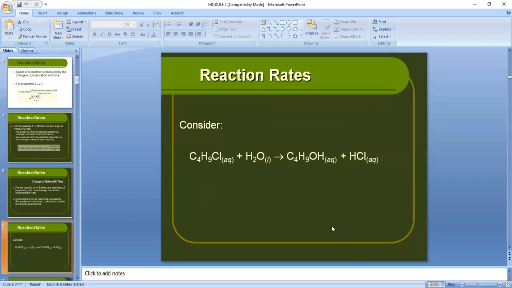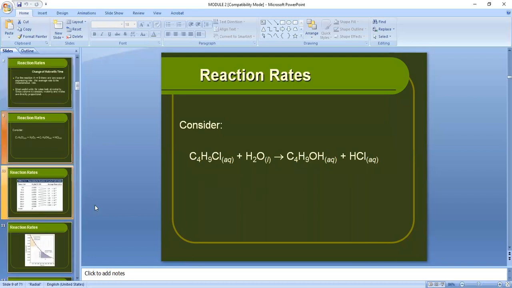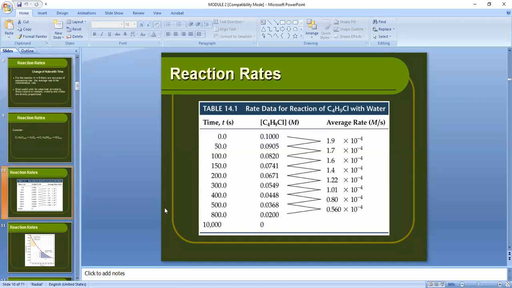Now, let's say, for example, you have this particular reaction in the formation of an alcohol, butanol, and let me just proceed. And you have this table that accounts for the changes in the concentration of the reactant over time.